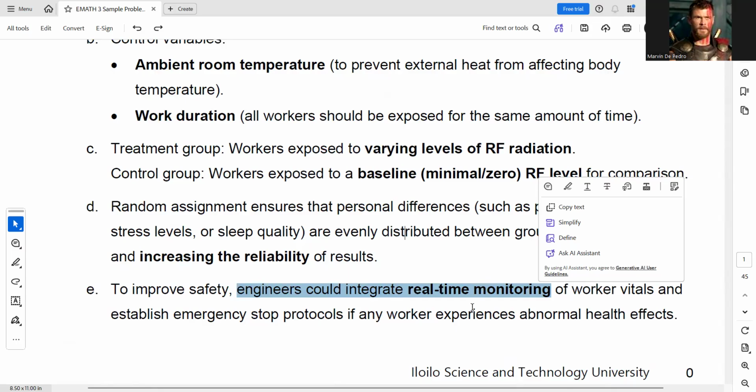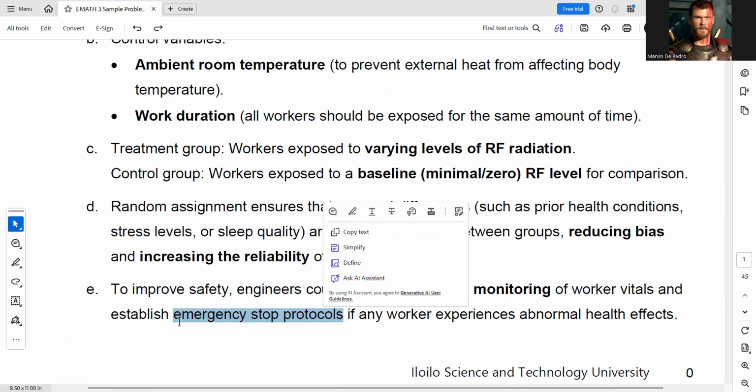Okay, and the data that we get will be incorporated into an app that will determine whether the vitals are normal or not. Whenever the vitals are detected to be beyond normal, there will be a trigger that will lead to an emergency stoppage of the operation because there's something wrong with one or more of the workers.